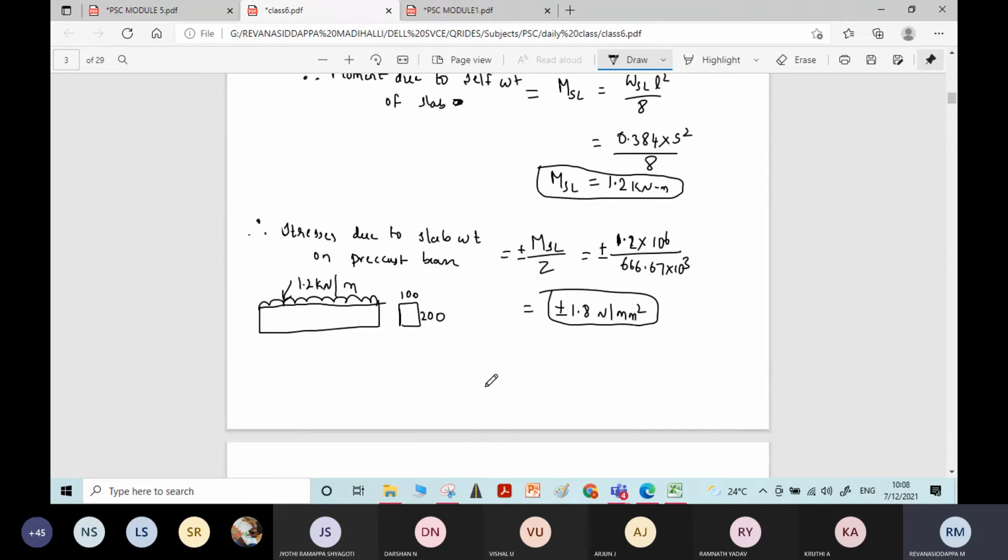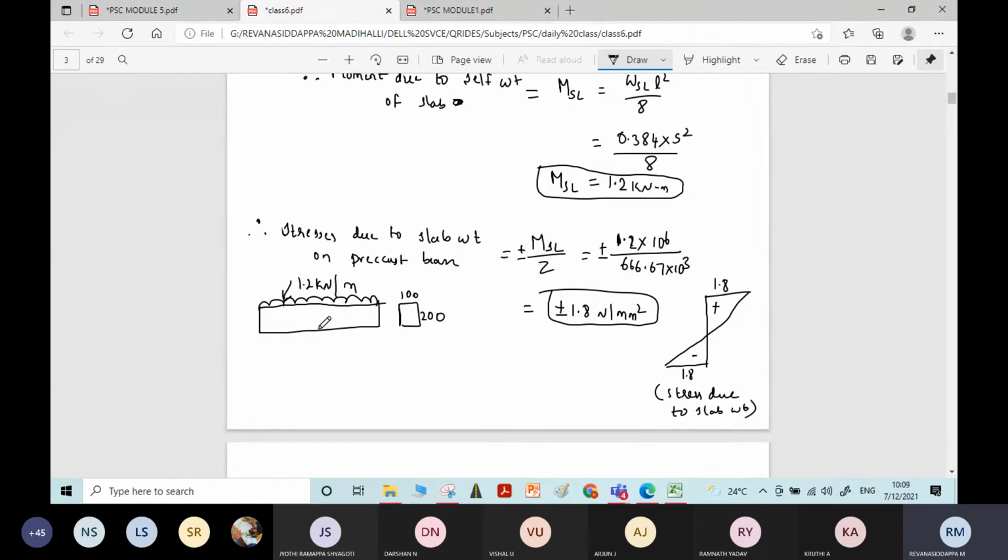Now for this also the same stress distribution. 1.8. This is stress due to self slab weight.